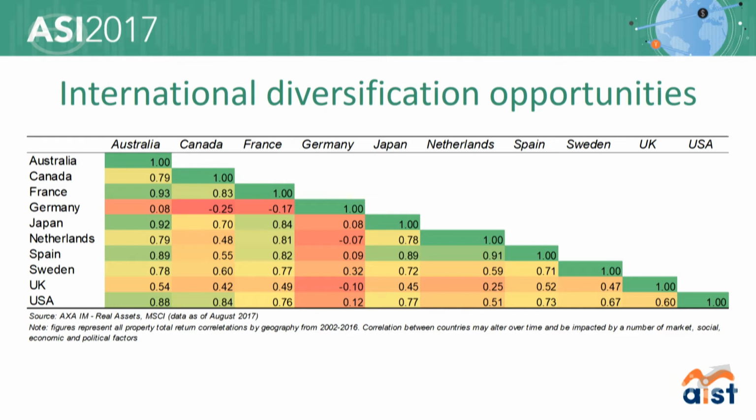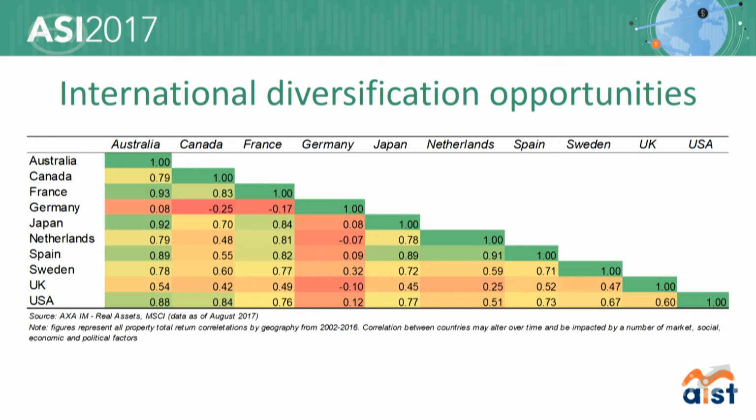Now, when investing in real estate, what is also of interest is to organize some diversification. You have the correlation table on this slide, and as you can see, return correlations between countries vary, and in some cases have been quite low.